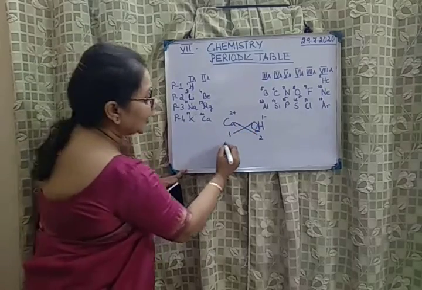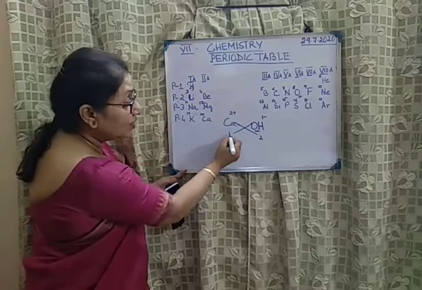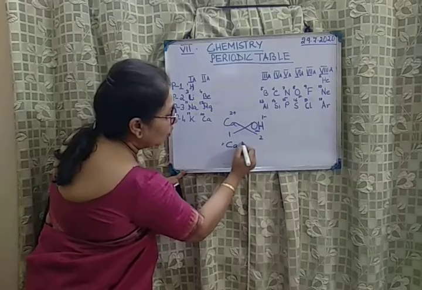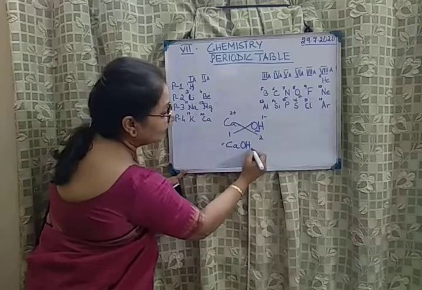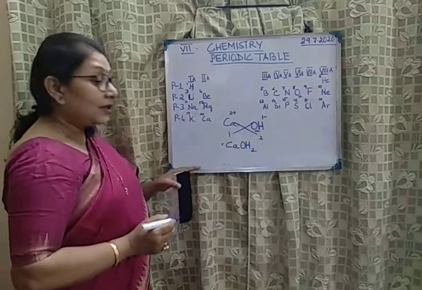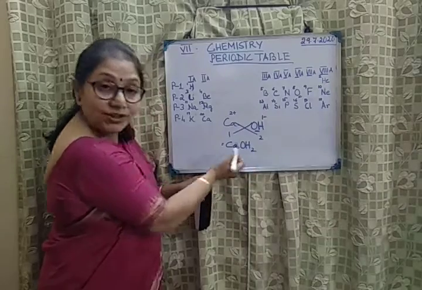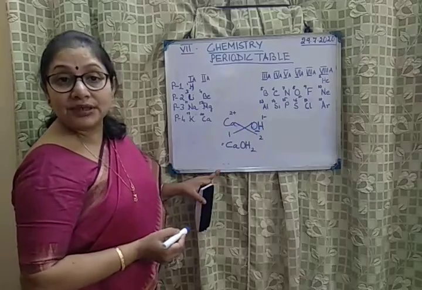So what do we get? How do we write the formula then? Ca is 1. We need not write this number. OH, I said you have to write it close enough, and we have 2. Now students, if I write 2 here, you will find 2 means H2, but here we are not having oxygen and hydrogen separately.